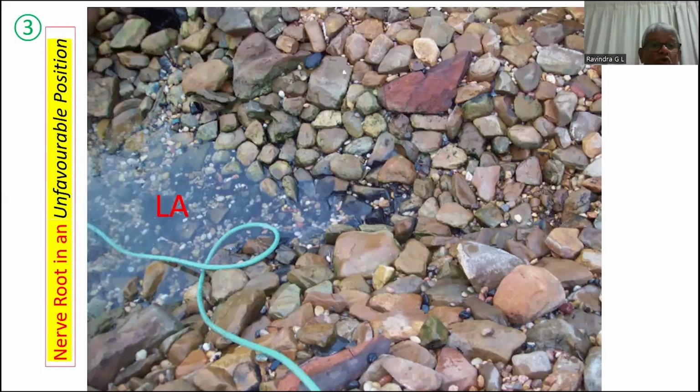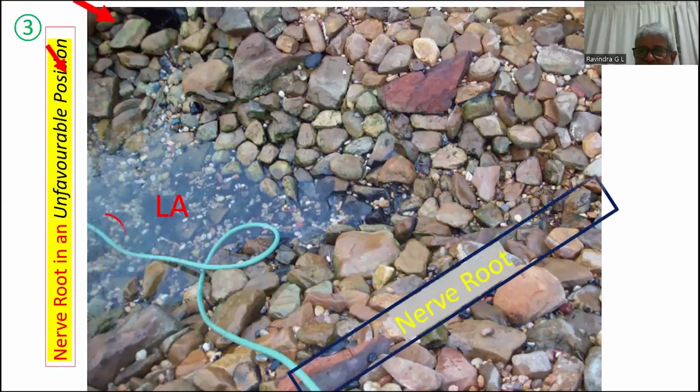The nerve root could be in an unfavorable position. For example, if the nerve root is here and the tip of the catheter is somewhere down here, then it's not easy for the drug to reach the nerve root and get the action.